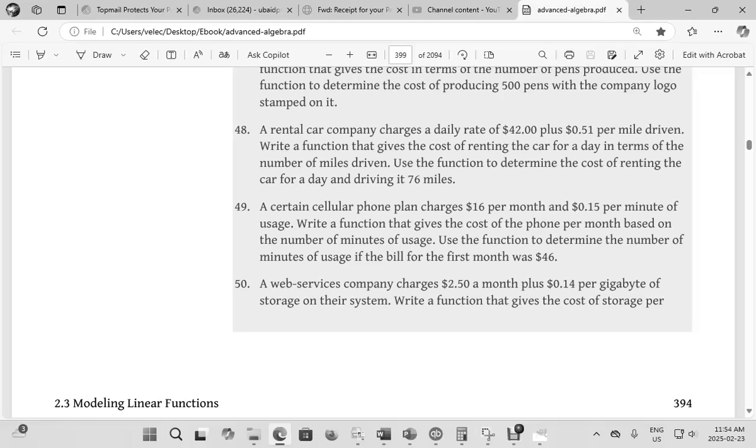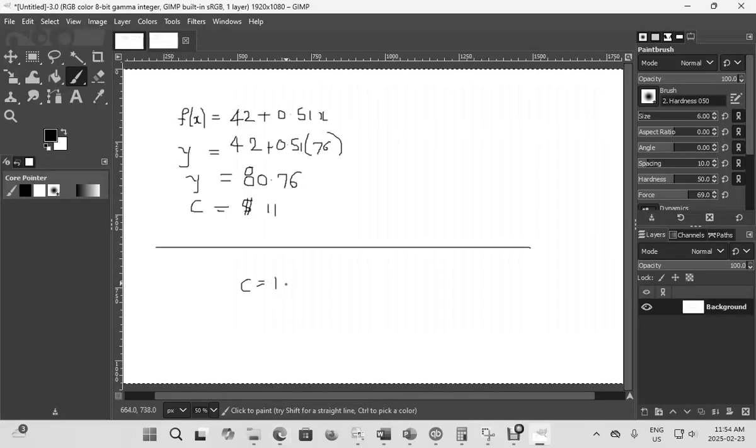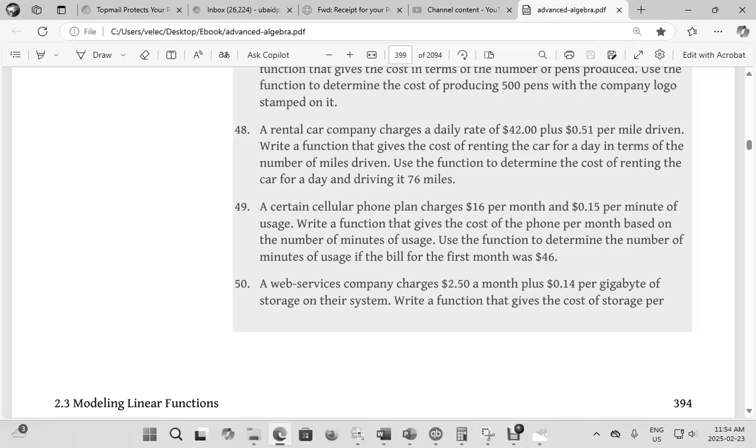The cost is 16 plus 0.15 into x, and we don't know what x is, how many minutes this person used as part of his plan.